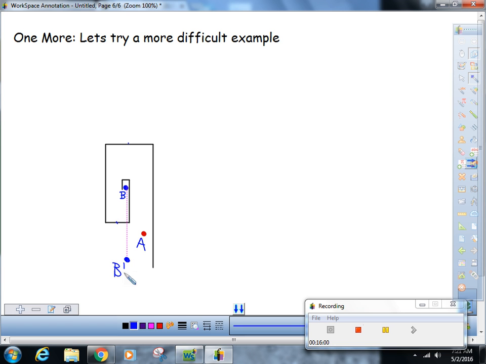The left wall. So now I need to reflect B prime over the left wall. What do you think? Up? Let's see. I can't see that low. Yeah, you're right.